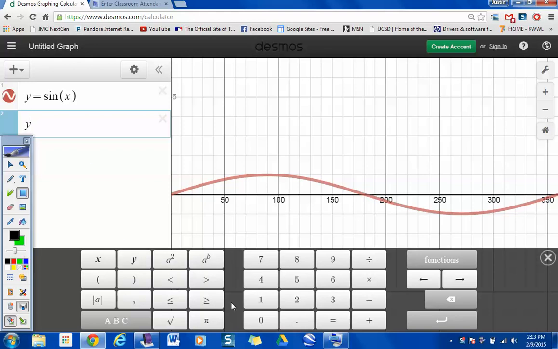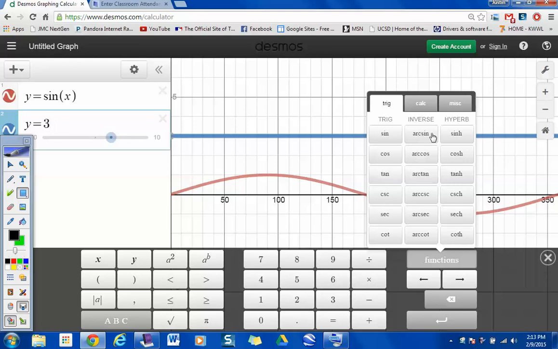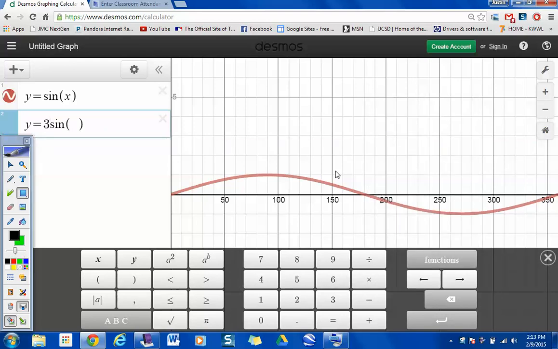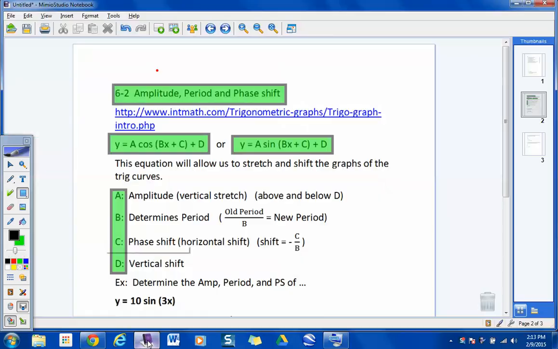Y equals, what do we say, 3? 3 times, let's go, how about sine of x right here. Okay? Guys, looks to me like we put a value right in front of the sine function like they have up in here, right? Okay?